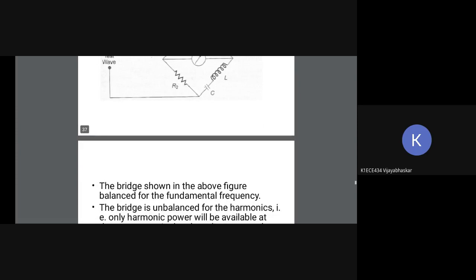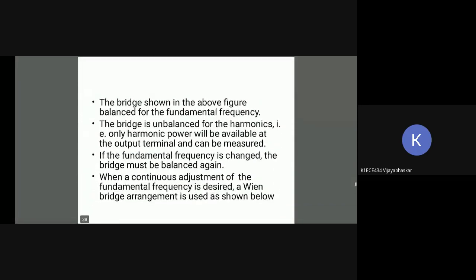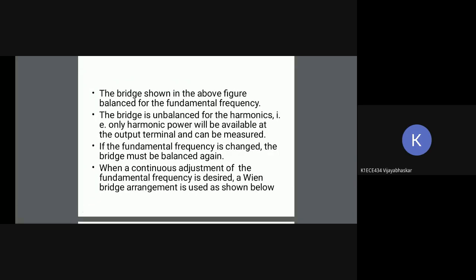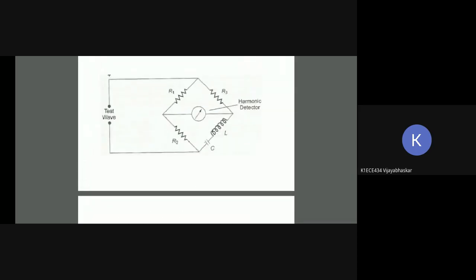Students, this slide is explaining this diagram. The bridge shown in the above figure is balanced for the fundamental frequency. In this diagram, the bridge is shown. It is used to balance the fundamental frequency. Fundamental frequency means that if we apply some input signal to any instrument, that input signal is known as the test wave.